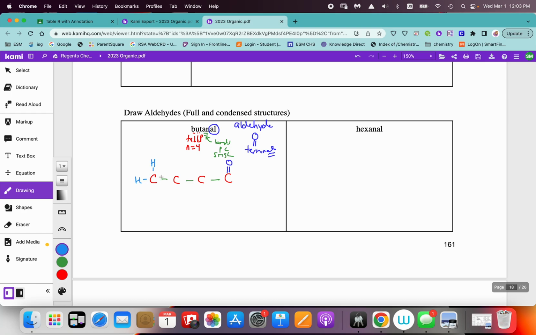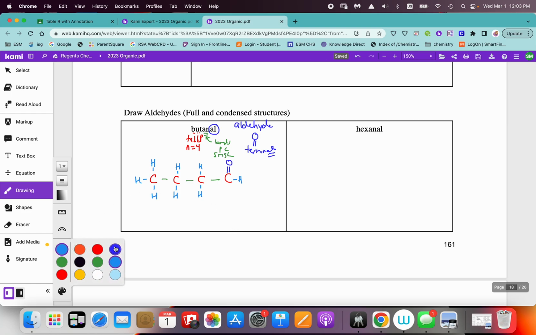So carbon 1 only has the 1 bond, so we add 3 hydrogens to it. Carbon 2 already has 2 bonds, so we only need to add 2 hydrogens to it. Carbon 3 has 2 bonds, so we only need to add 2 hydrogens to it. Carbon 4 has 2 bonds that it forms with the oxygen, plus the 1 bond in the parent chain, so it has 3 bonds, so we need to add a hydrogen to it.